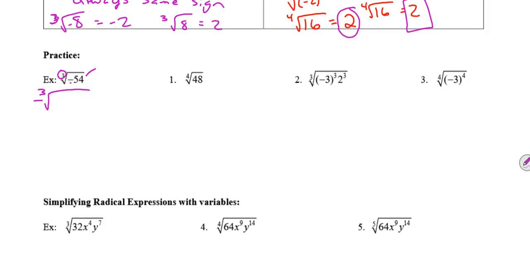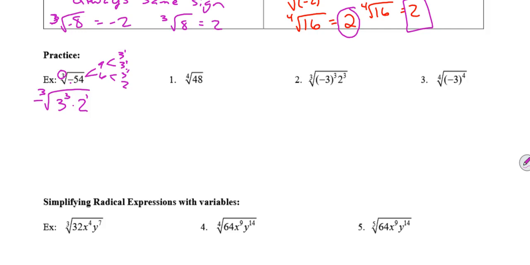So 54, let's see, what is 54? I see 9 times 6. Well, 9 is 3 times 3, and 6 is 3 times 2. So I can write 54 as 3 to the third power times 2 to the first power, right? Because I have three 3s, and I have one 2. So I can rewrite that.